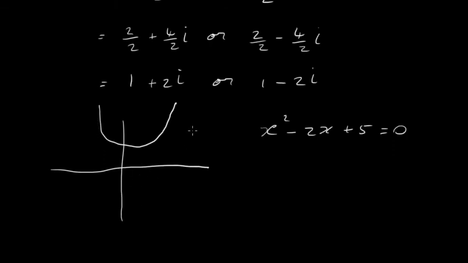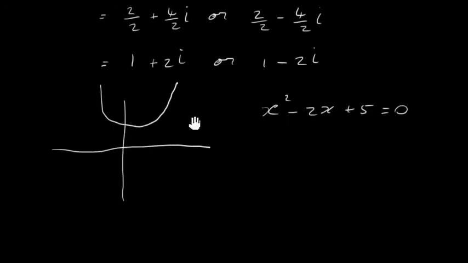Remember, if it crosses the x-axis, we'll get two real solutions. We don't have two real solutions here, we have complex solutions. Okay, so that's how it's used to solve these types of quadratic trinomial equations.